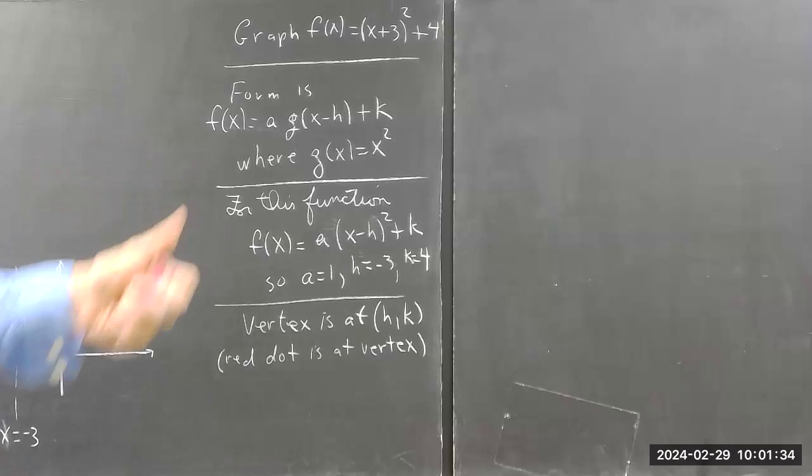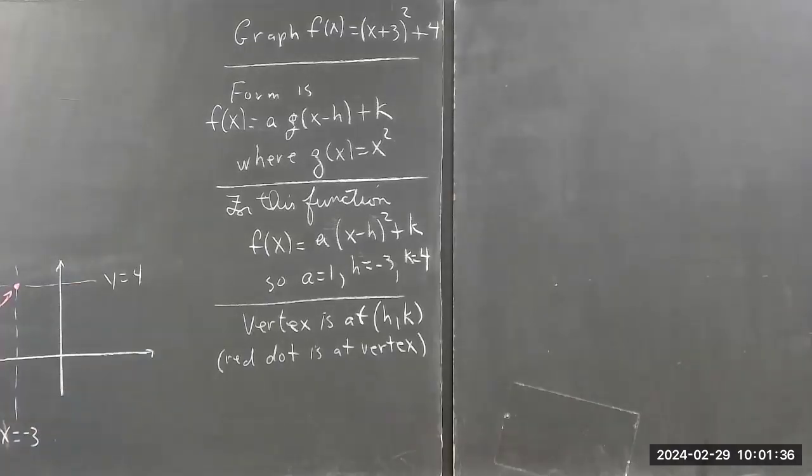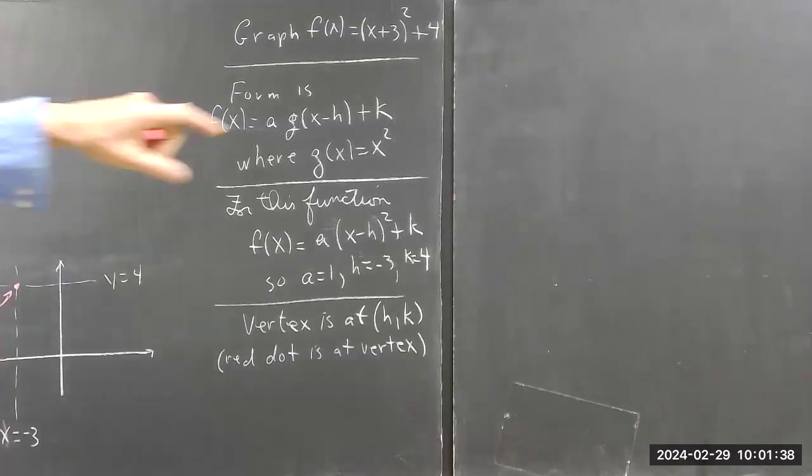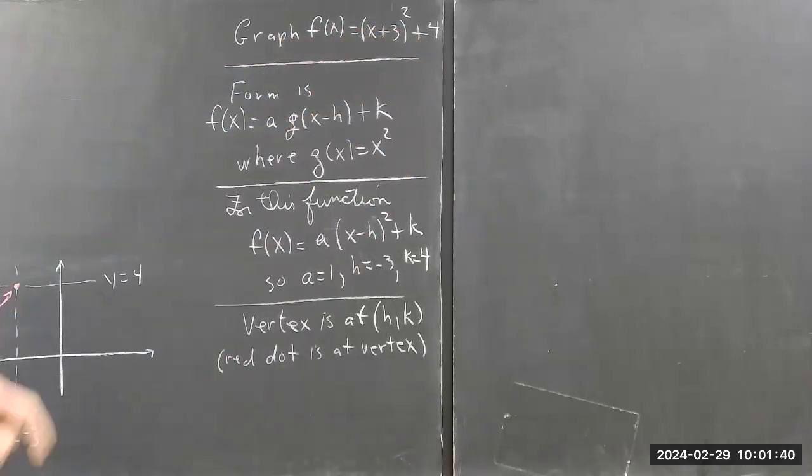Now, what else can we say about this function? Well, the way this function is constructed, a is positive, so the parabola is going to open upward. So what we probably ought to do is find the y-intercept.